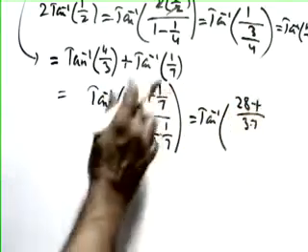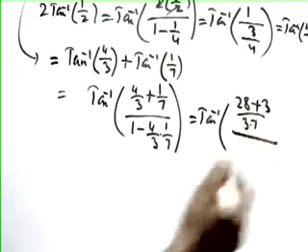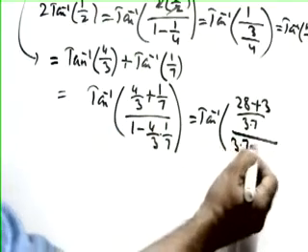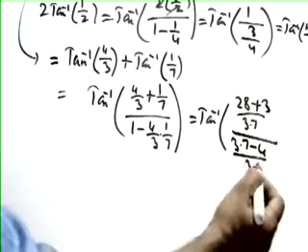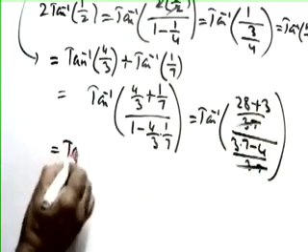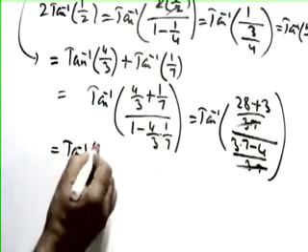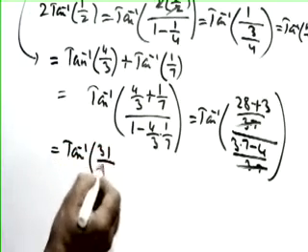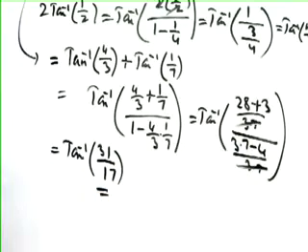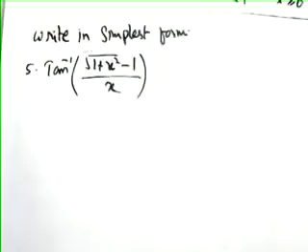The 7 4s are 28 plus 3 1s are 3. In the same way, you take LCM, 3 into 7 into 1 will be 3 into 7 minus 4 1s are 4, by 3 into 7. So this will get cancelled. What is left here? Tan inverse 28 plus 3 is 31, 21 minus 4 is 17. So this is the required answer.